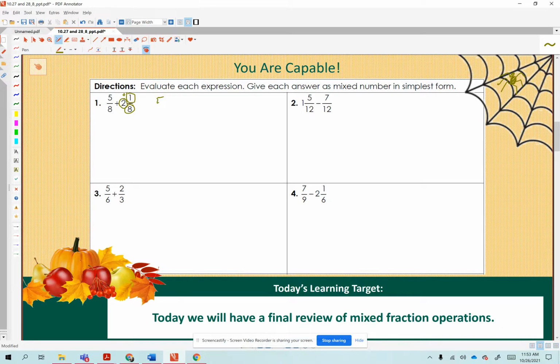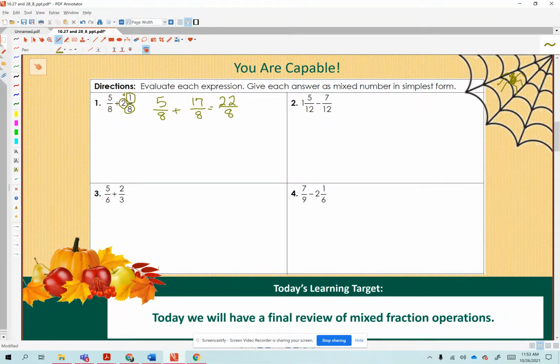So we have our 5/8 plus 17/8, and with addition and subtraction, we will keep the same denominator and we will simply add the numerators. So 17 plus 5 equals 22.